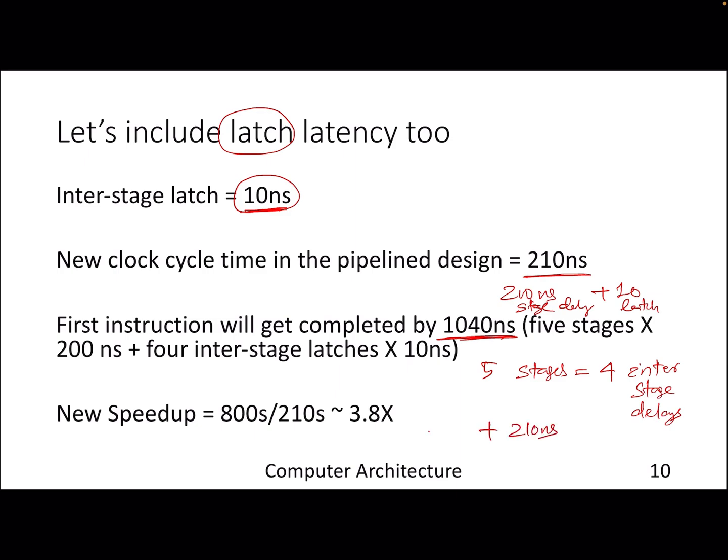So the first one will be 1040, and the remaining 1 billion minus 1 will take 210 nanoseconds each. The new speedup comes in the range of 3.8x. So we are going down a bit, but it's still pretty high in terms of throughput. 3.8 times faster with the pipeline design.